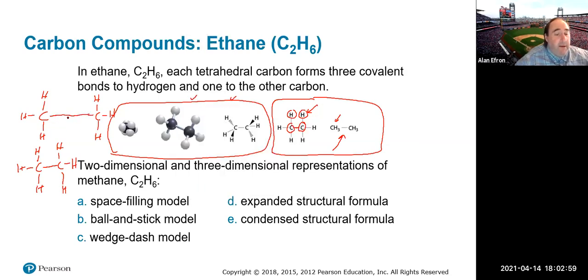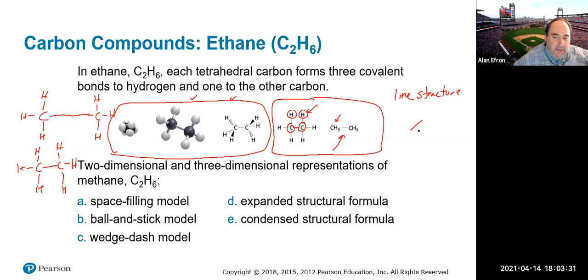Now that's a giant bond, but that makes room for it to occur, leaving carbon still with four bonds. Again, if we try to throw both of those methanes together, the carbons would end up with obviously too many bonds in this case. A third type of structure or formula that we oftentimes will do is what's known as a line structure. A line structure basically looks like this, for example.